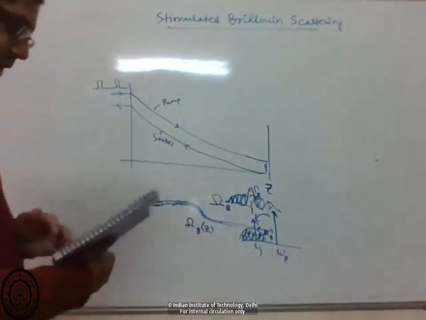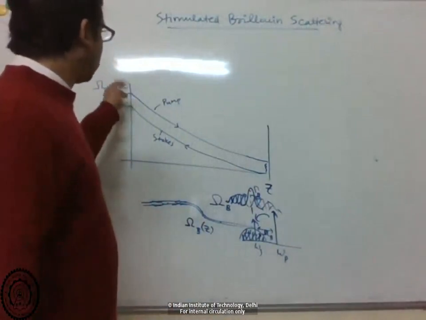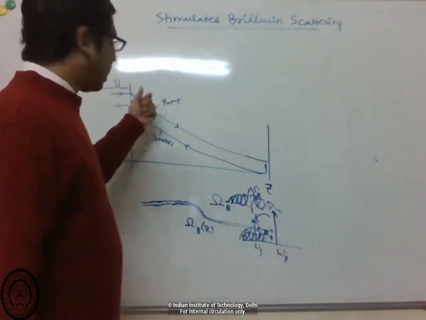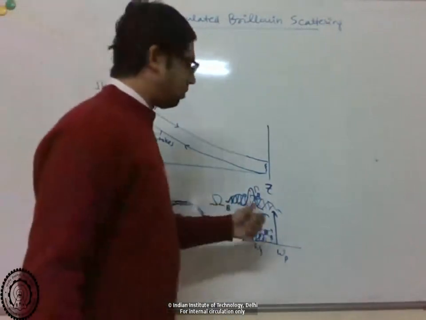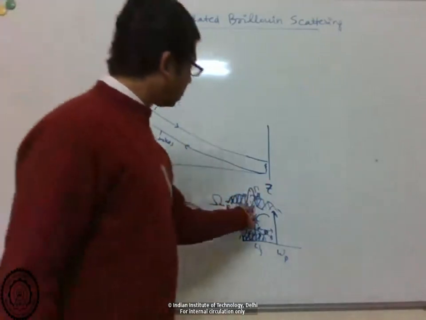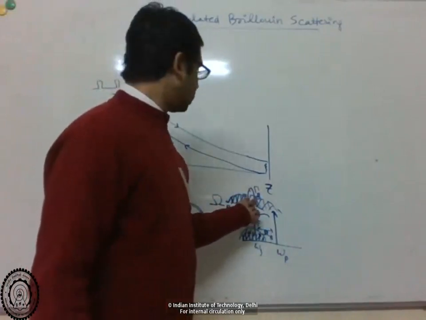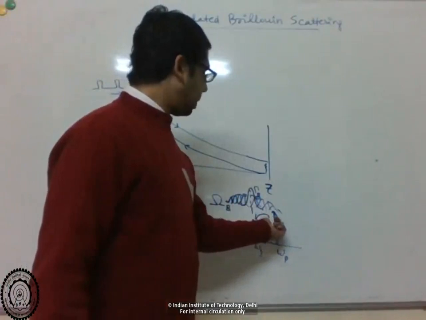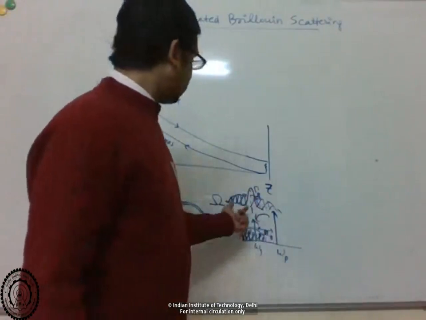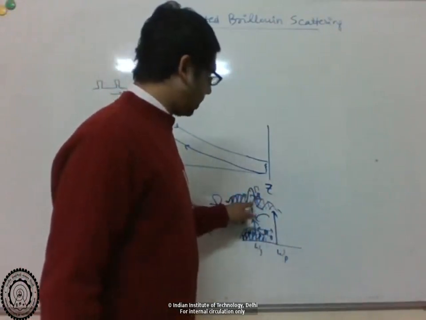Right? So then to avoid that, basically what people do is, as I said, go to this fact that if the pump has, instead of a CW wave, some bandwidth, right? Because here you see that this Brillouin has a gain bandwidth which is quite narrow. Okay, so if you make the pump bandwidth bigger than the Brillouin gain bandwidth, it's sort of going to this case here, right?